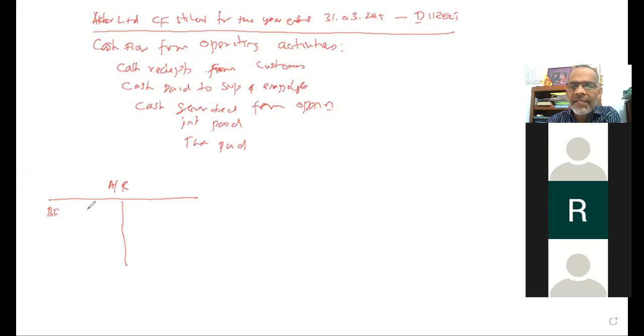The trade receivable opening balance is $1,200. Yes, 1,200 is the opening balance. I want to record the carried forward balance also. The carried forward balance is 1,700.